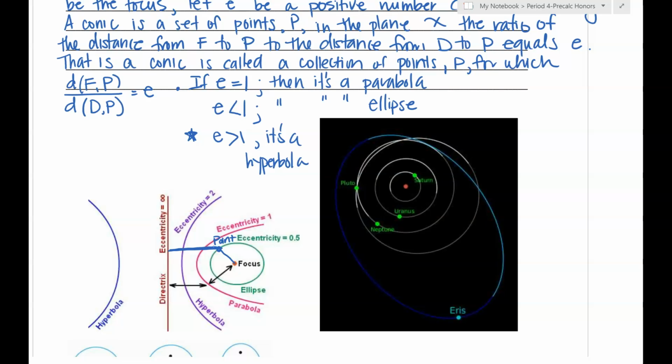Now, what we don't study is when it's bigger than 1. From that same focus, we don't study it, but I still have one right here, the hyperbola in purple. So let's say I pick this as your point on the hyperbola. From the focus to that point, take that distance divided by the distance from that same point to the directrix. If it's more than 1, then you know it's going to be a hyperbola. So that's what it means in terms of the eccentricity.